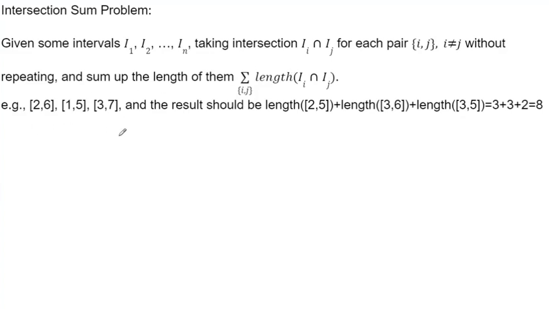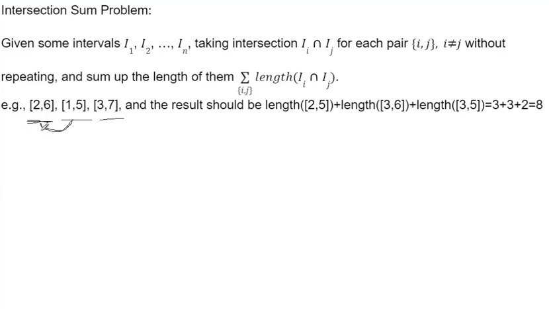So here is an example. In the example, we have 3 intervals in total: the intervals 2 to 6, 1 to 5, and 3 to 7. Let's say this is the interval I1, that's the interval I2, and interval I3. We need to check the intersection of I1 and I2.